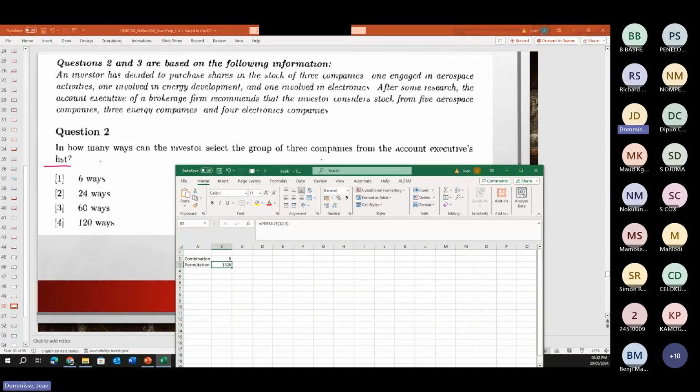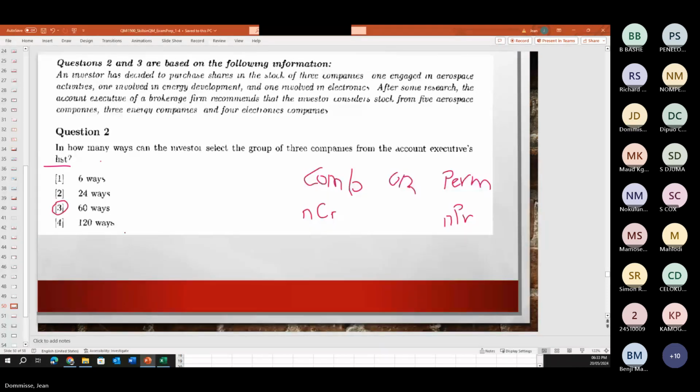I would have said, in how many ways can we investors select a group of 3 companies from the accountant's list?